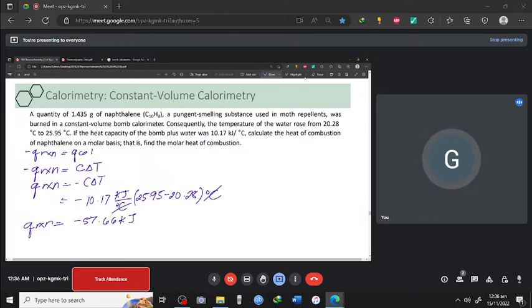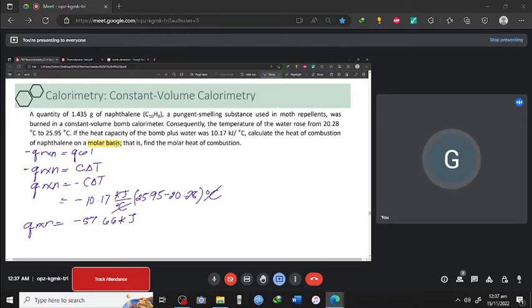Pag nabasa nyo tong etong term na tong molar basis, ang ibig sabihin lang yan is kailangan mong i-divide tong energy sa moles ng ating substance. Okay? So, kailangan mo munang hanapin yung moles ng substance natin, tapos i-divide mo siya doon sa nakuha nating energy. So, dapat yung unit natin dito is kilojoules per mole.